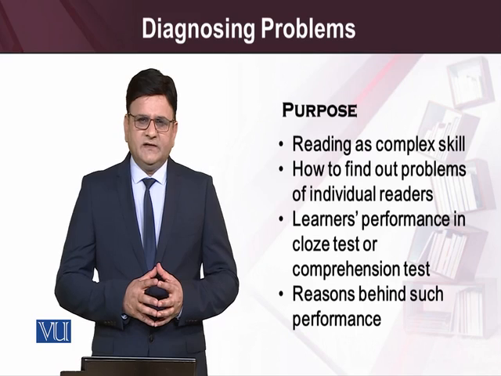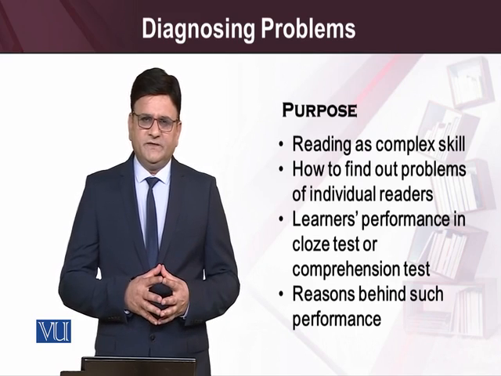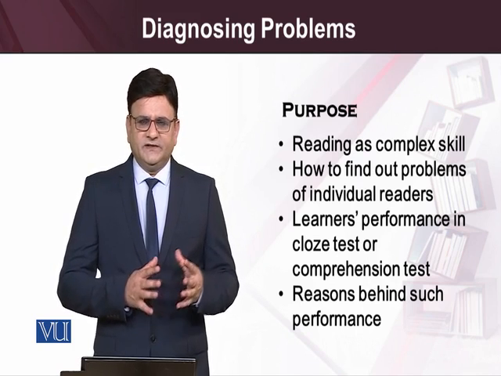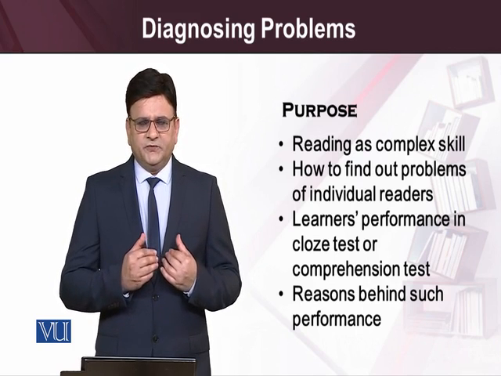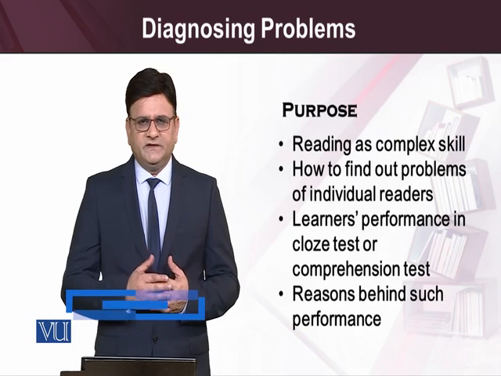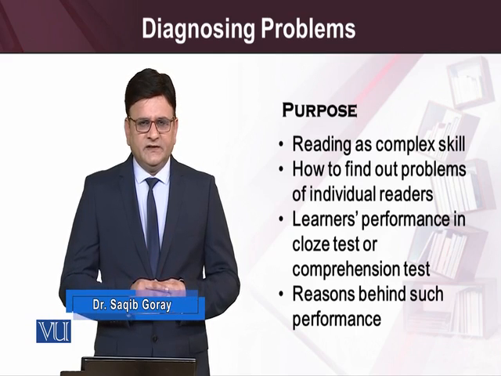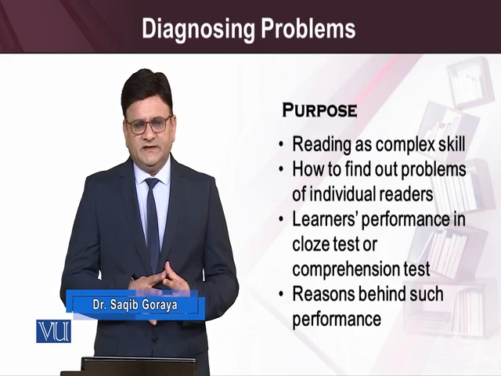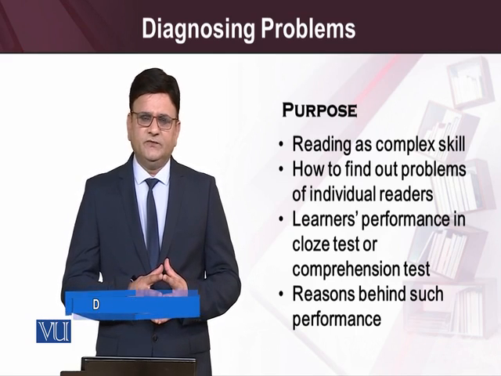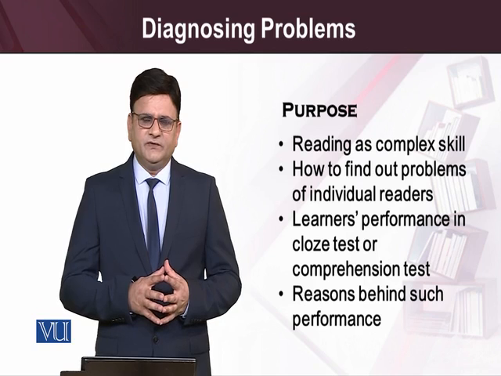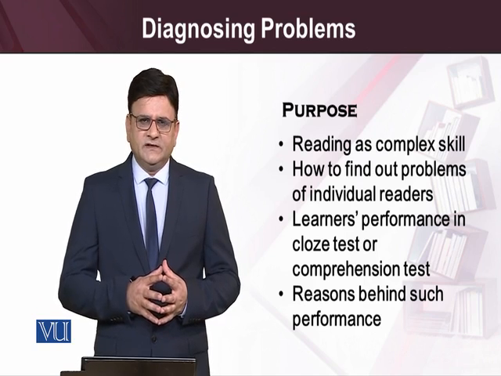As our discussion shows, right from the beginning till now, we are into the half of this course and about to finish the first half, which is about how to teach reading. What we have looked at so far is that reading is a complex skill because it involves many psychosocial processes.